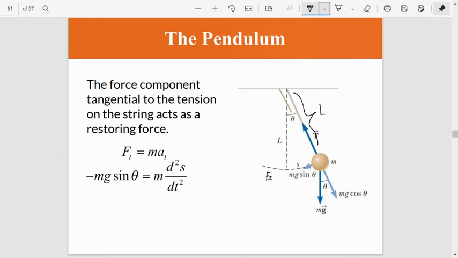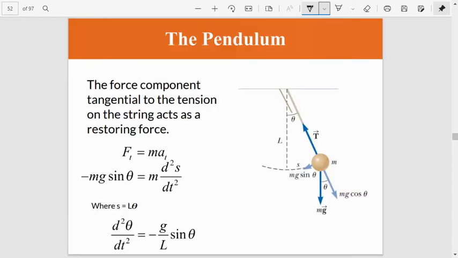And by Newton's second law, we can write that as the mass times acceleration. Now, the acceleration is along the arc traced by the pendulum, so it's a derivative of s, which is the arc length.